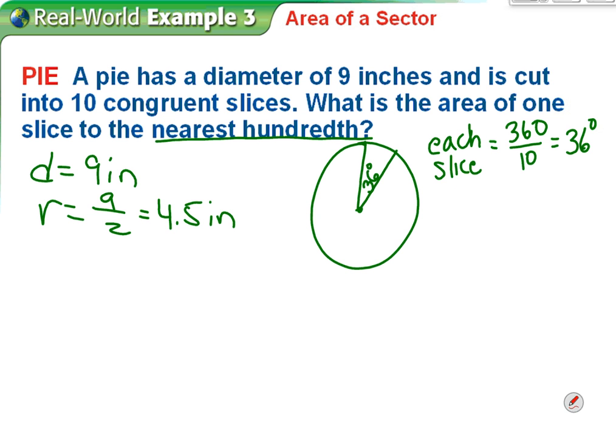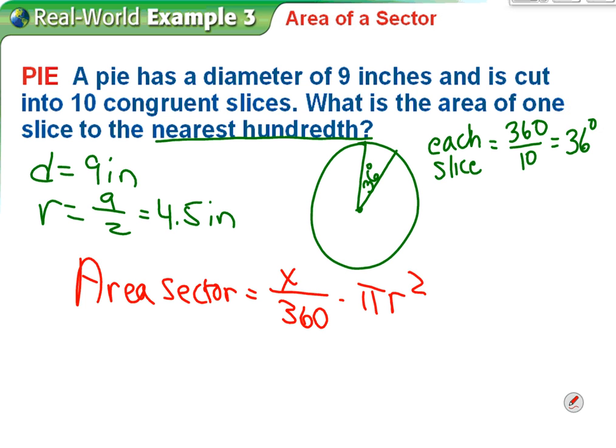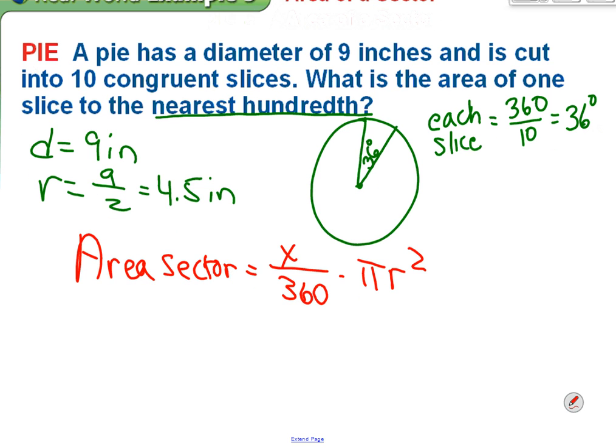Let's write the formula for the area of a sector. The area of a sector of a circle is equal to x divided by 360 times pi r squared. That's very like the arc length formula that we used before.